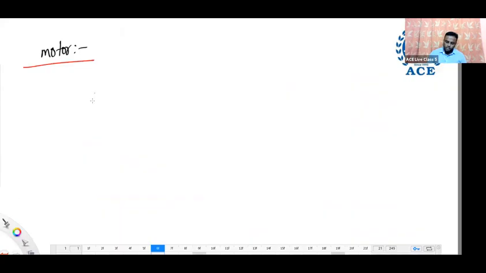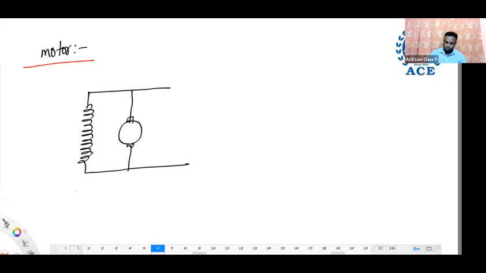Let us draw only the second figure. Motor means we need to give supply voltage, plus minus. Now it will draw a current IL, IA, ISH, and armature resistance RA.